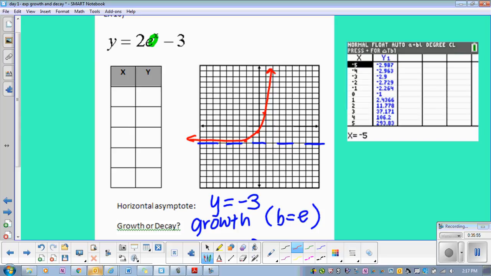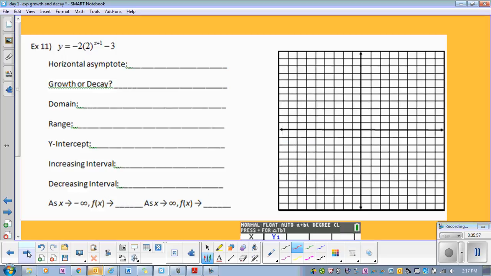Good. All right, so now we're on to the fun stuff on the back. Okay, so we have this long problem. First off, tell me, what is the horizontal asymptote? y equals -3. Good. Now, is this a growth or is it a decay?